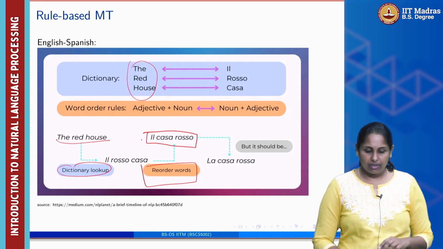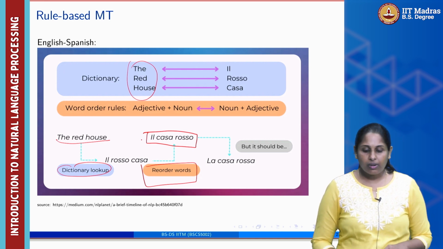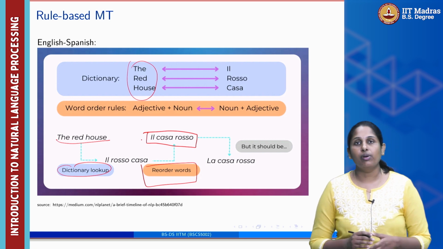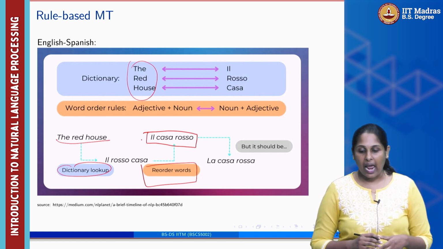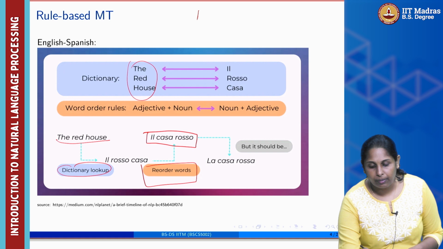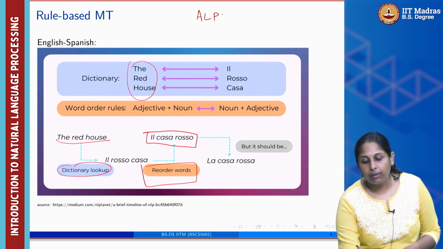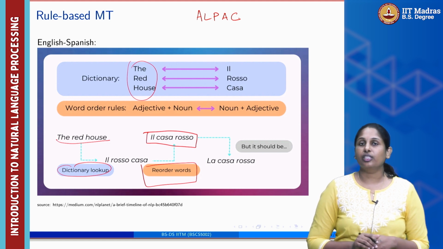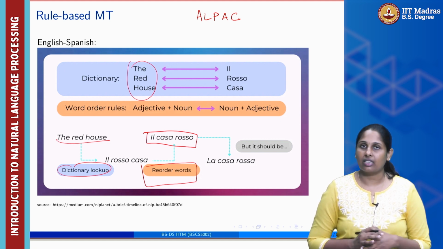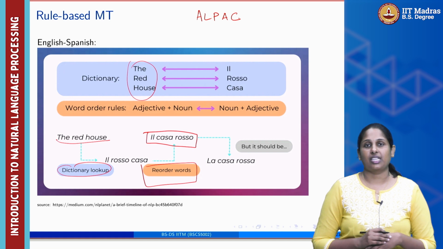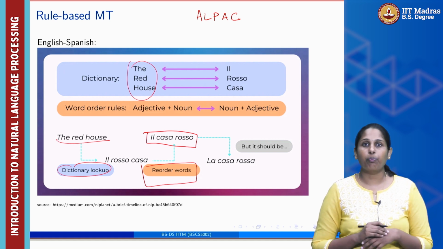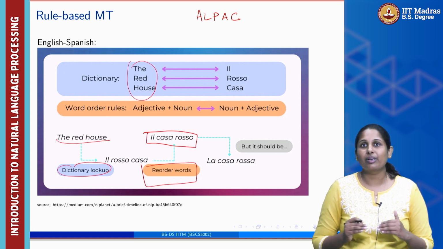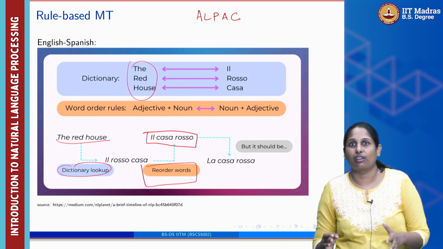Soon after that realization, the government formed a committee called the ALPAC committee, which stands for Automatic Language Processing Advisory Committee. This committee looked at the output of translation, and it made a statement that it is not possible to build any machine translation system in the near future.